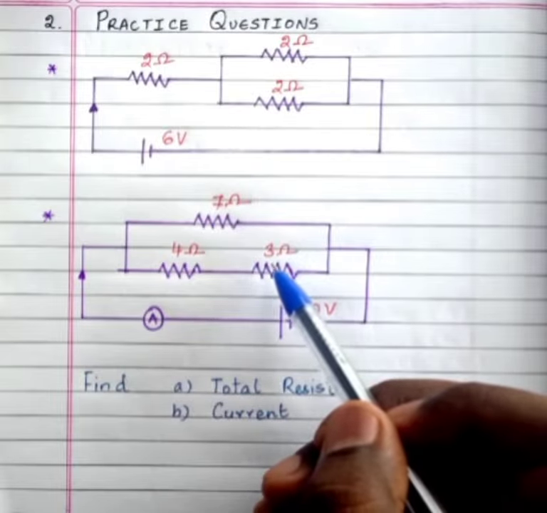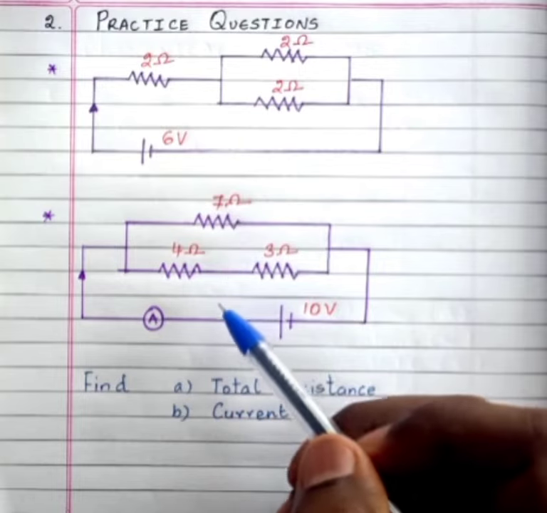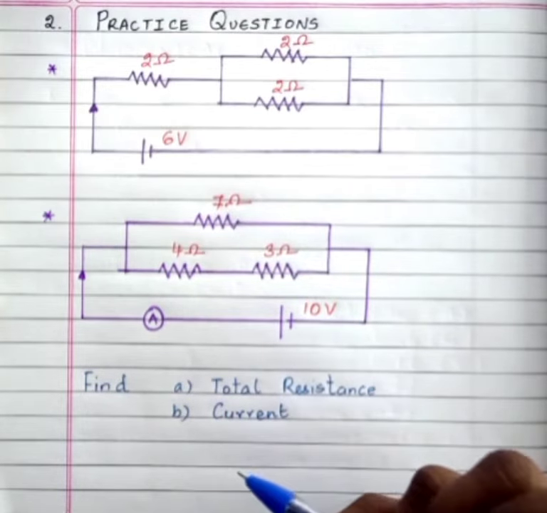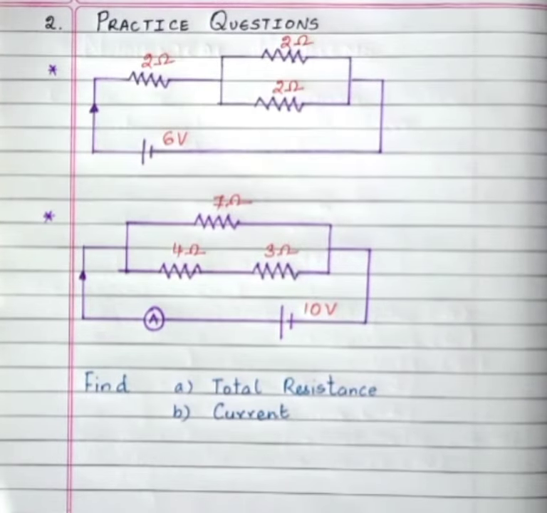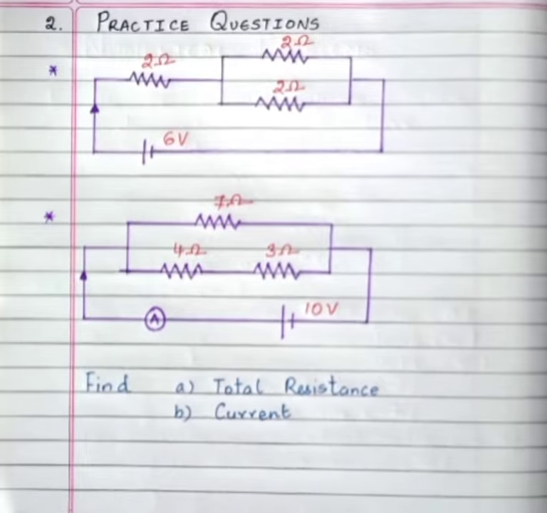Do solve this question as a practice. These are very important questions from the examination point of view. You can expect them for 2 marks or 3 marks. Finding total resistance and current in the following circuits.